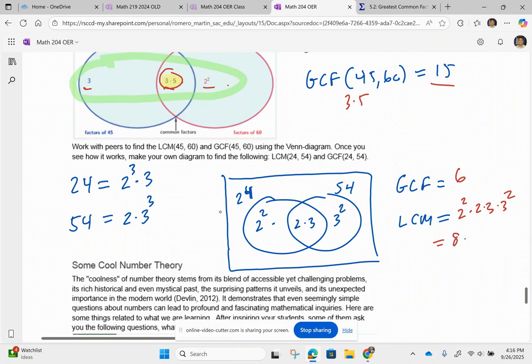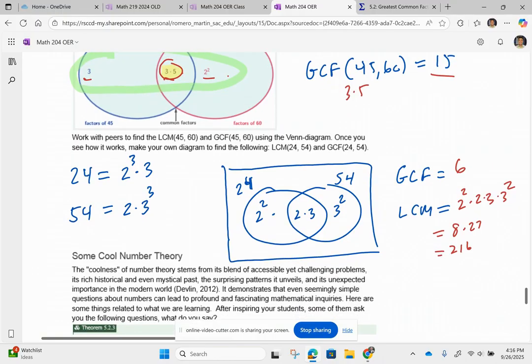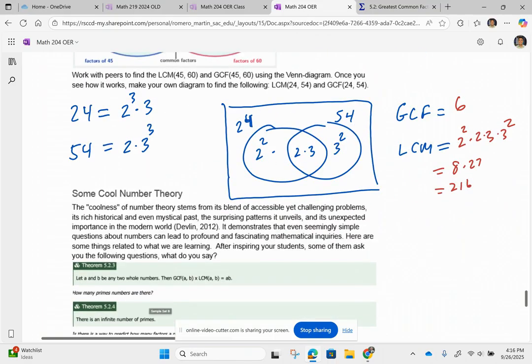So this is 8 times 27. So I can do that. That's 160 plus 56. So that's 216. So the least common multiple of 24 and 54 is 216.